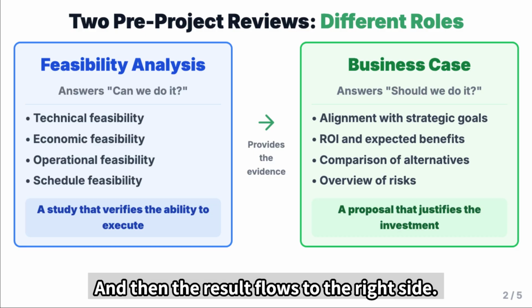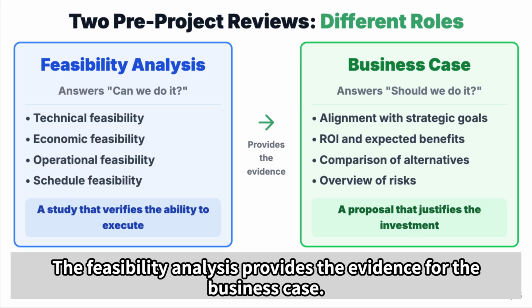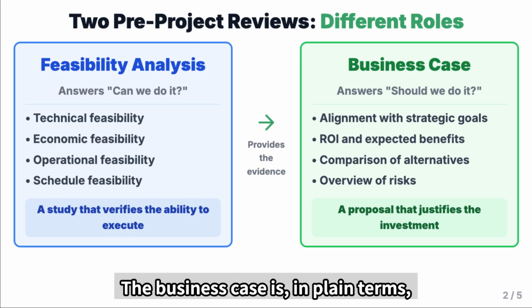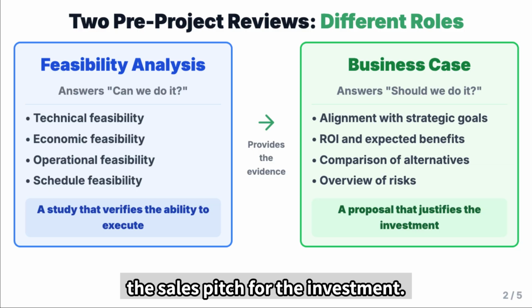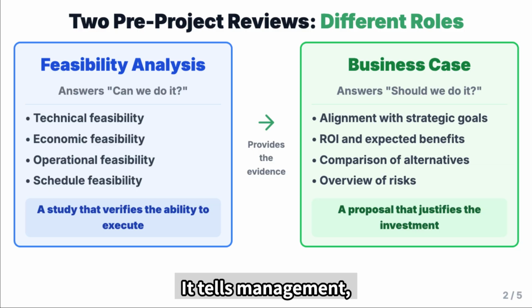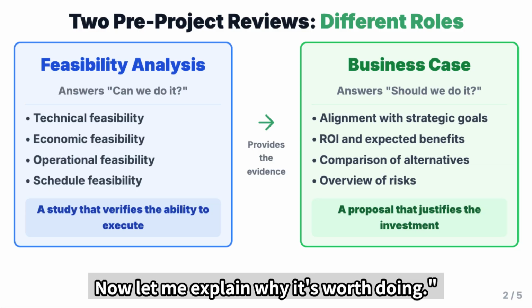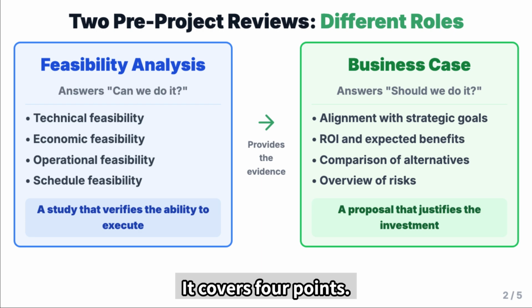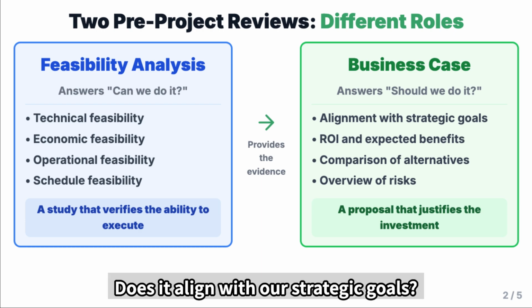And then the result flows to the right side. The feasibility analysis provides the evidence for the business case. The business case is, in plain terms, the sales pitch for the investment. It tells management, we know we can do it. Now let me explain why it's worth doing. It covers 4 points. Does it align with our strategic goals?